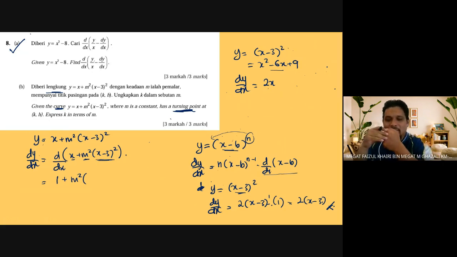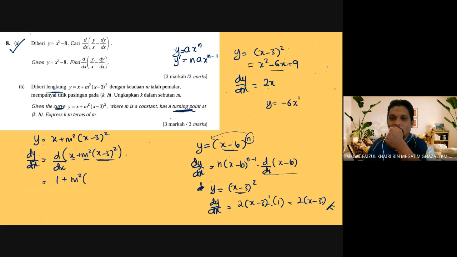I'm not sure whether this is the one, but I have caught one of your weaknesses here. Okay, y = ax^n, so then y′ or dy/dx equals n·a·x^(n−1). Okay, y = −6x to the power of 1.